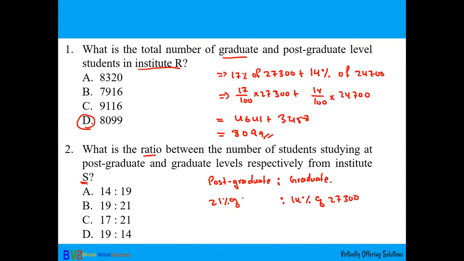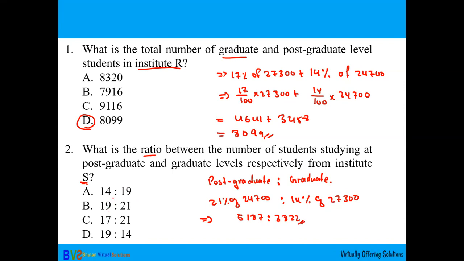So we find this directly: 0.21 times 24,700 gives 5187, and 0.14 times 27,300 gives 3822. All right, you got the ratio, in simplified form.